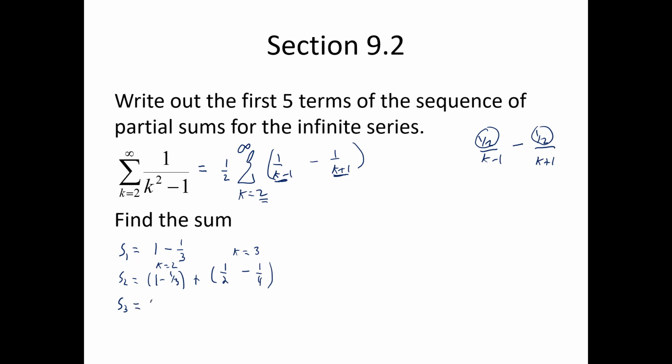S3 is where the magic begins. 1 minus 1/3 plus 1/2 minus 1/4. And then when k equals 4, you're going to get 1/3 minus 1/5. And you see now that stuff is going to start canceling out.